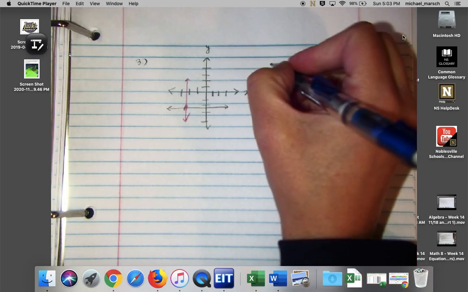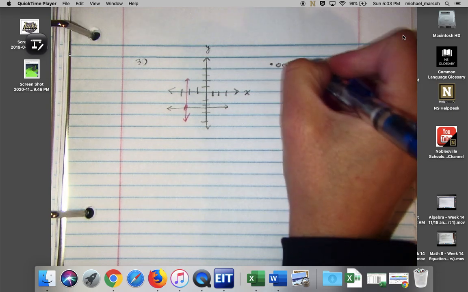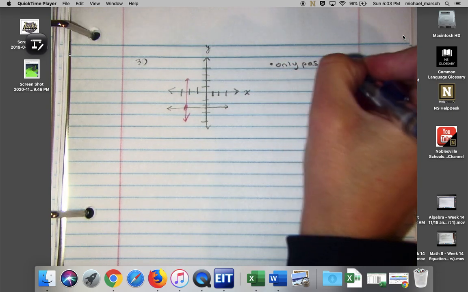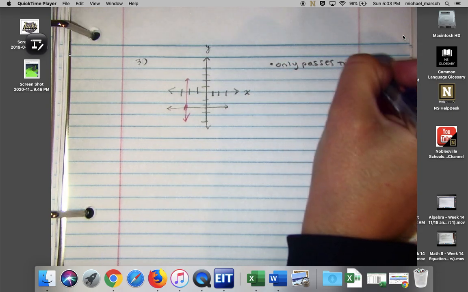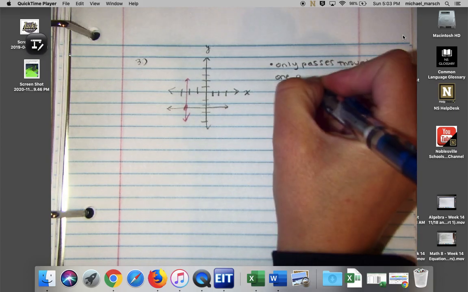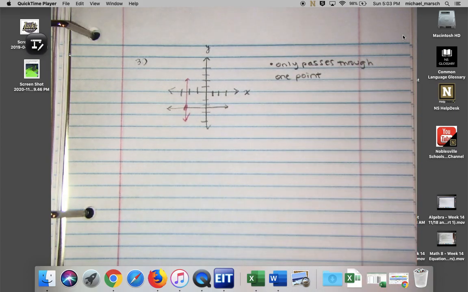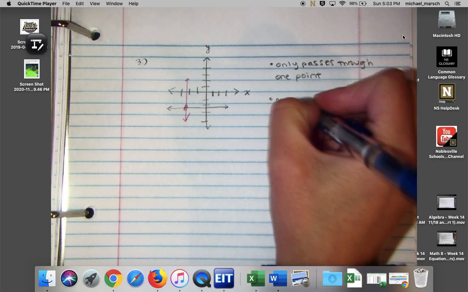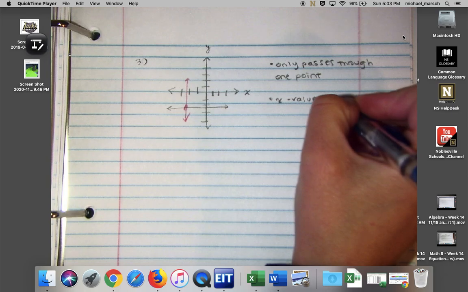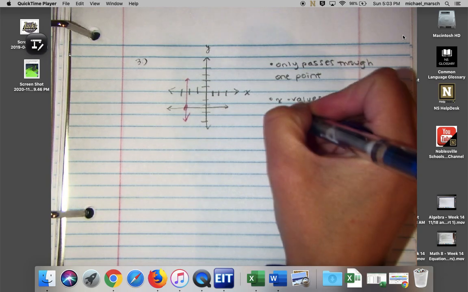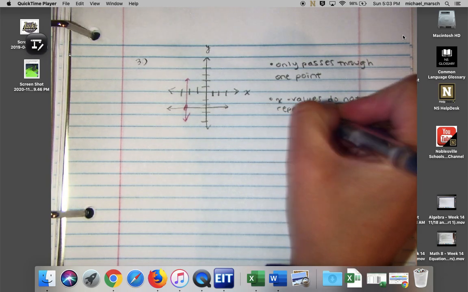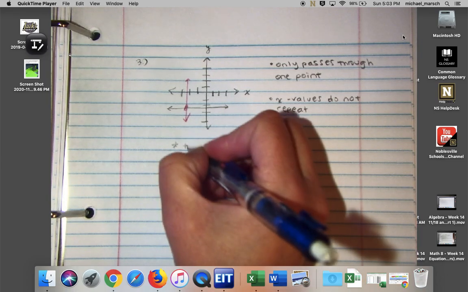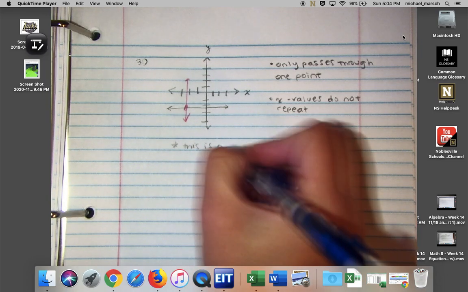So then we can say only passes through 1 point, right? So that tells us our x values do not repeat. Okay, so this is a function.